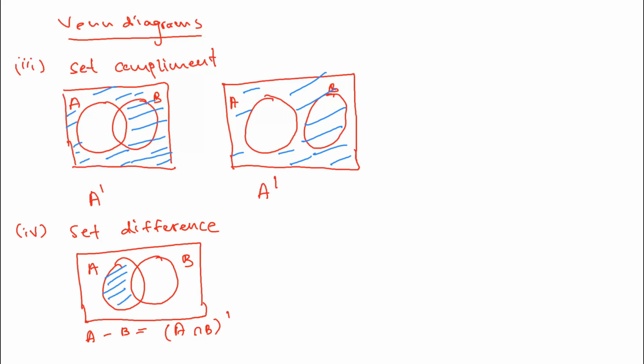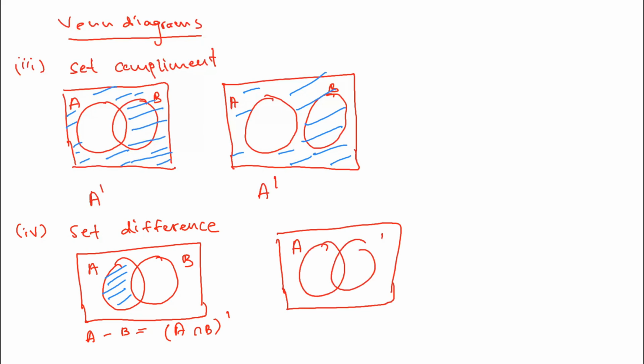And also, you have two events A and B. If you want to get B minus A, it will be equal to A dash intersection B, which means this area.